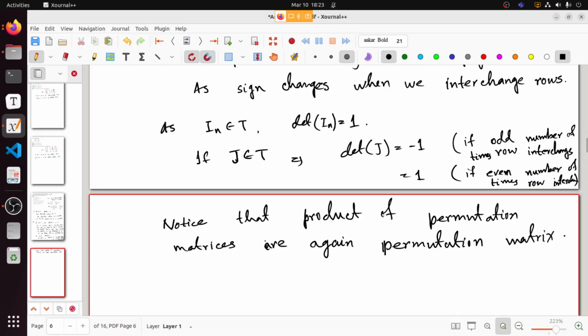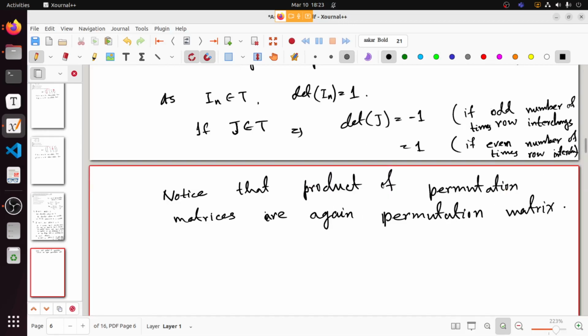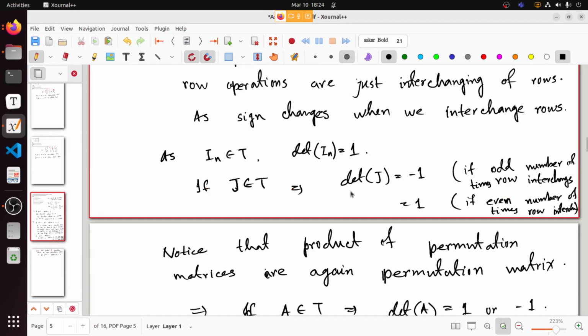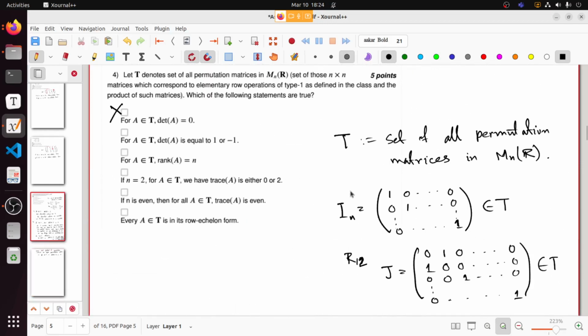Right. So as T contains the product of them, they are again permutation matrices. So which implies if A belongs to T, the determinant of A will be plus 1 or minus 1, because they are again the permutation matrices or the type 1 matrices, which have determinant plus 1 or minus 1. So option number 2 is correct.